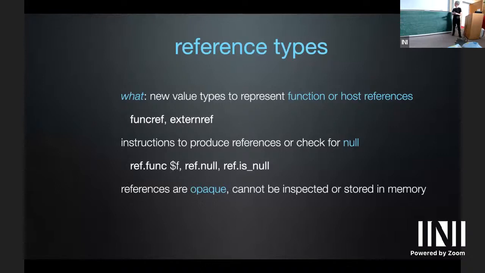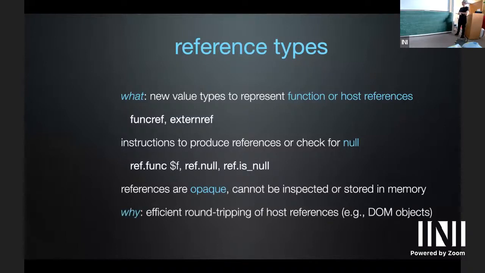And the important thing here is references are opaque, right? That is absolutely crucial for, obviously, safety and security. There's no way for you to observe their bit patterns at all, right? That would be completely unsafe because they could be host addresses, for example, or code addresses. And that also means you cannot store them in memory, because then they would become observed.